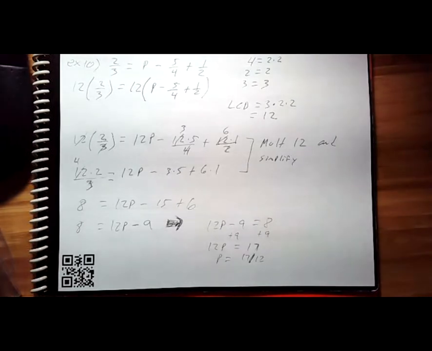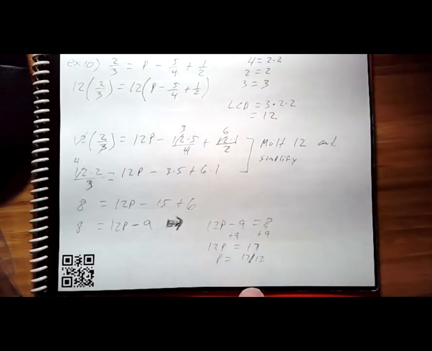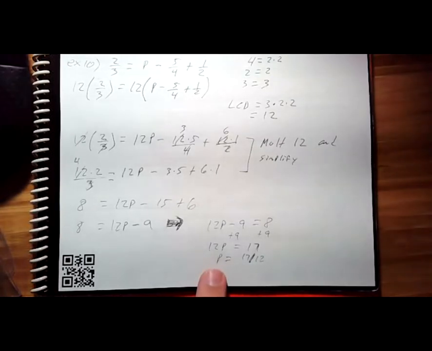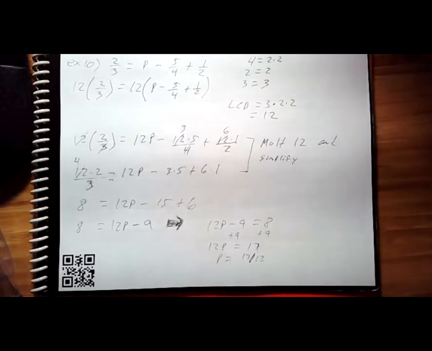Okay, so we could have written it as 17 equals 12p. I mean, 17 over 12 equals p. Yes, that would have been fine. I just chose to put it over here just because we're used to having it over here. I just did that for fun, but there's no reason to do this. Preference is the reason.